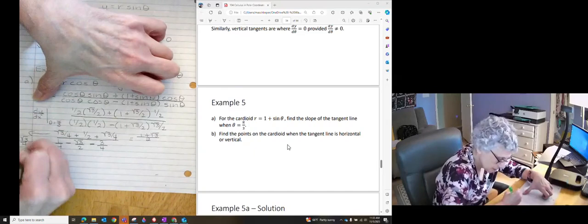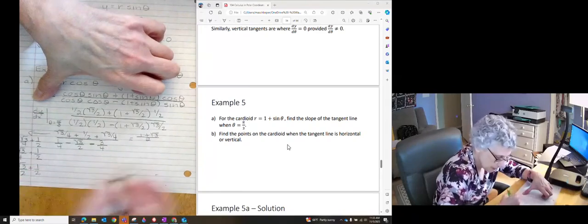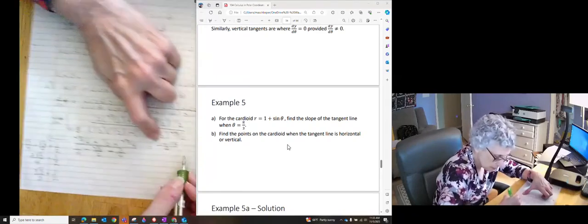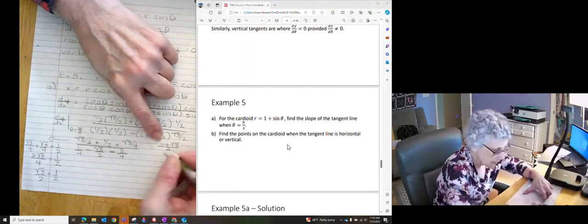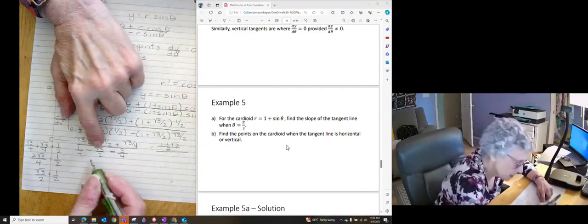So square root of 3 over 4 plus square root of 3 over 4 plus 1/2 is 2 times the square root of 3 over 4 plus 1/2, which is square root of 3 over 2, plus 1/2, which is 1 plus the square root of 3, all of that divided by 2.